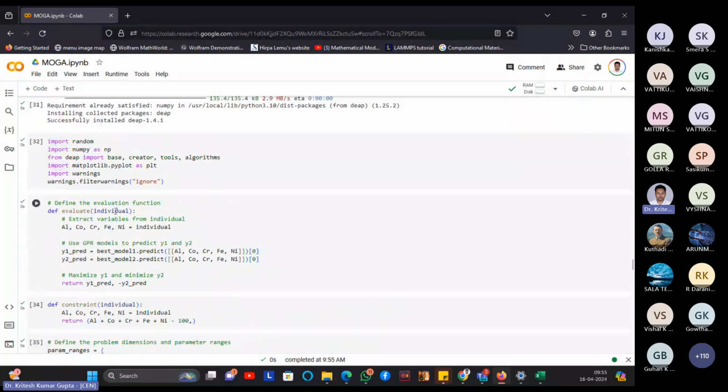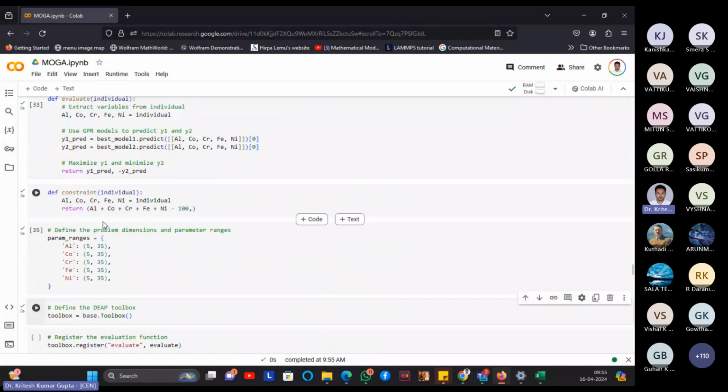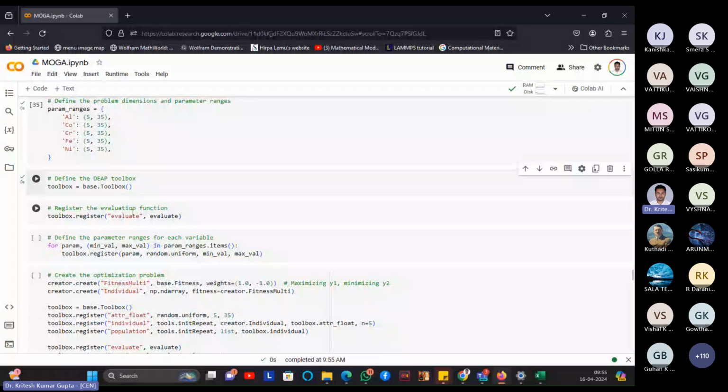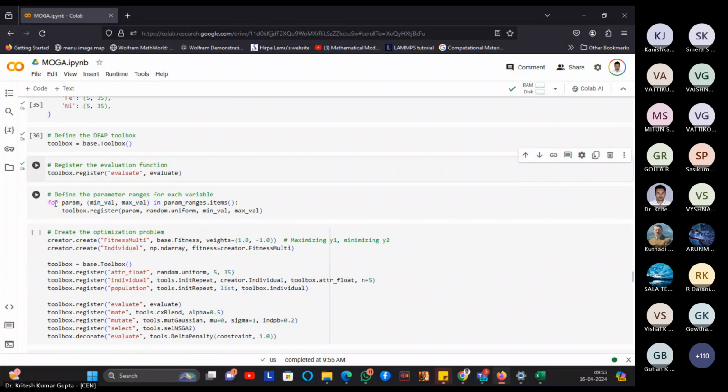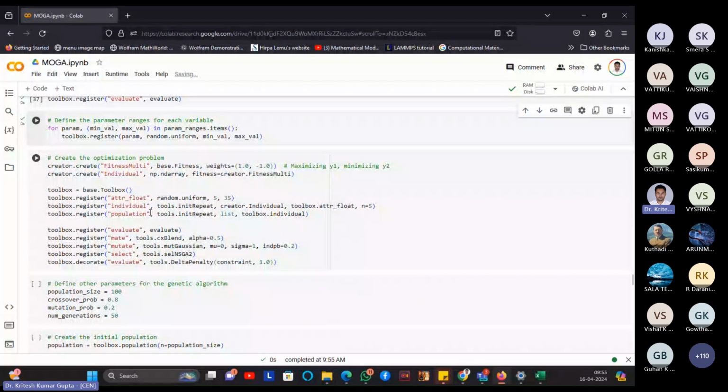We have already defined that evaluate function here. So we are taking that evaluate function in this toolbox dot register. So we are getting some minimum value, maximum value in the parametric range by using this for loop. These are some inbuilt values which we want to provide.